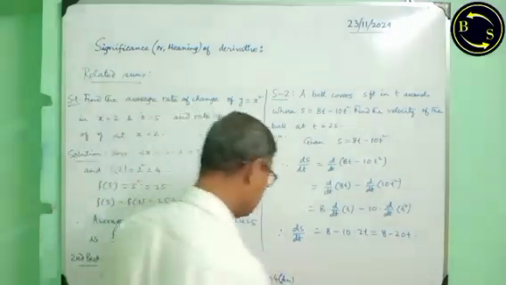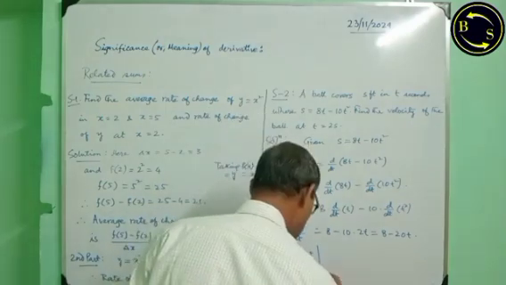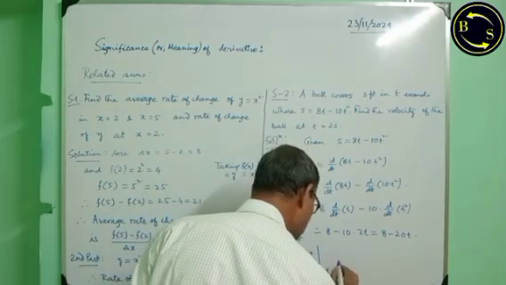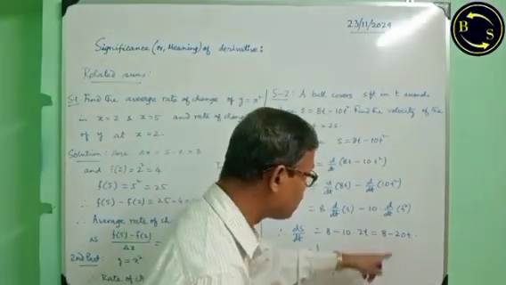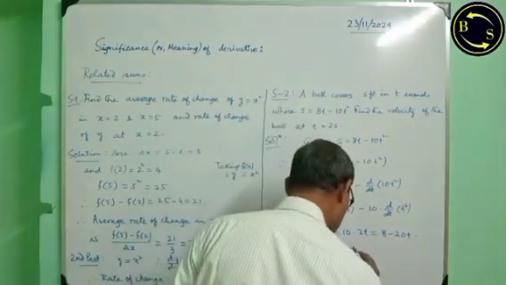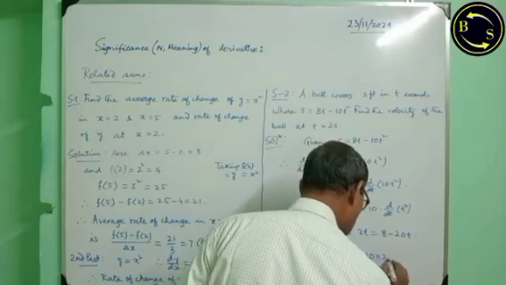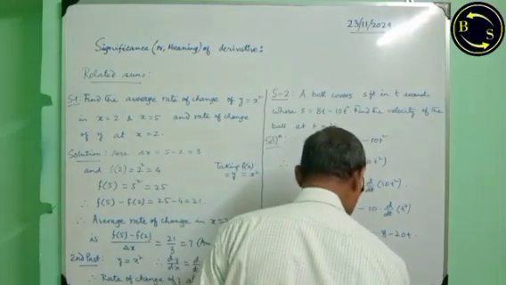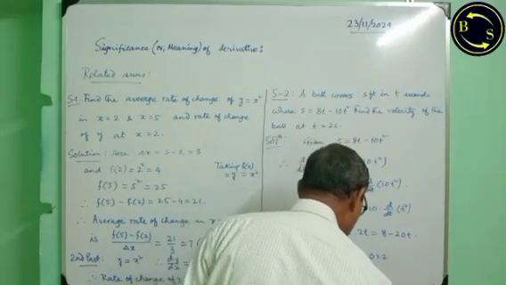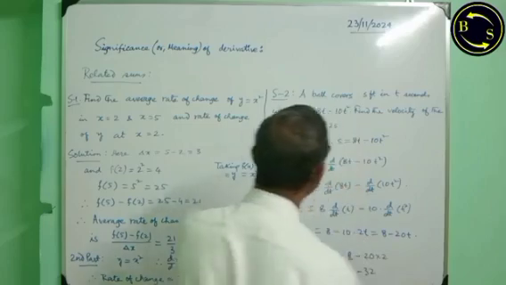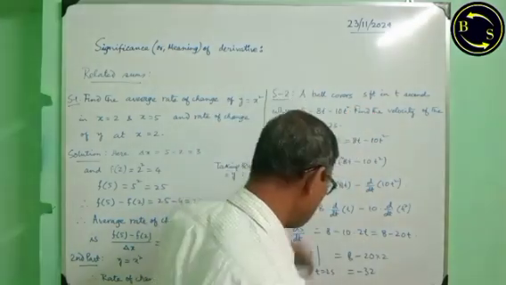That is the velocity. Therefore, velocity at t equal to 2 seconds, we put t equal to 2 seconds here, minus 20 into 2, minus 40. Here the unit of distance is feet and time is seconds.